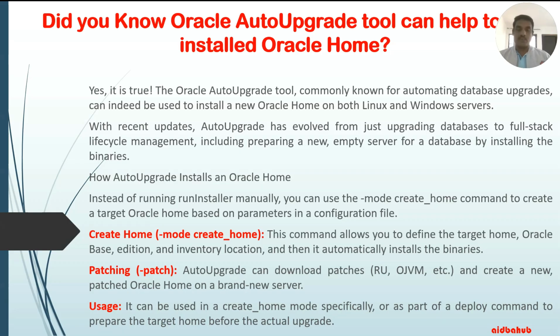Patching: Auto Upgrade can download patches, RU, OJVM, etc., and create a new patched Oracle home on a brand new server. Usage: it can be used in create_home mode specifically or as part of the deploy command to prepare the target home before the actual upgrade.